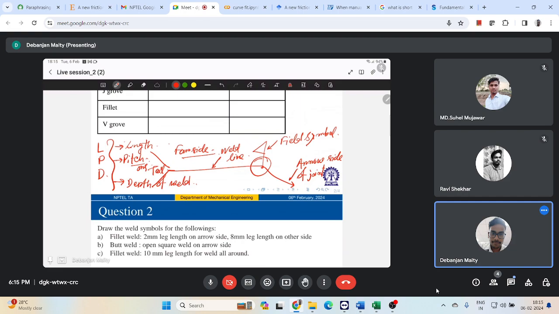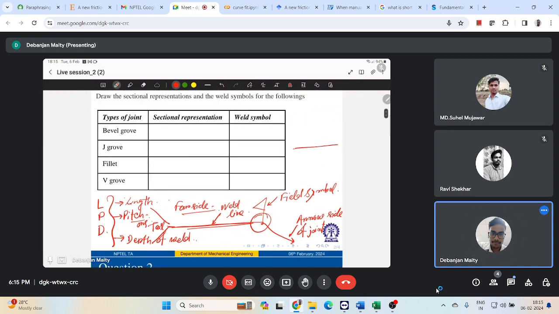Now, the arrow side of the joint information should be written in the bottom part of this reference line. So if this is my reference line, and let's say I'm doing a V-butt joint like this, and my arrow is provided over here, I need to provide the specification at the bottom part of this line.